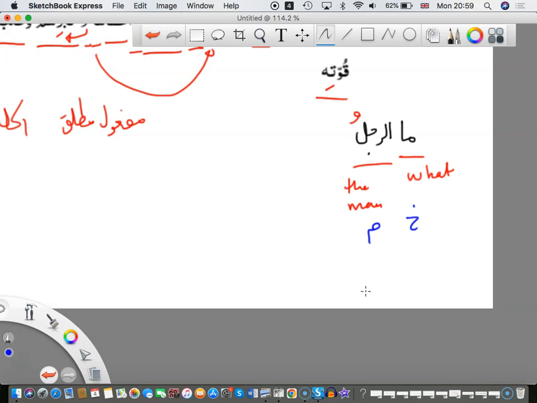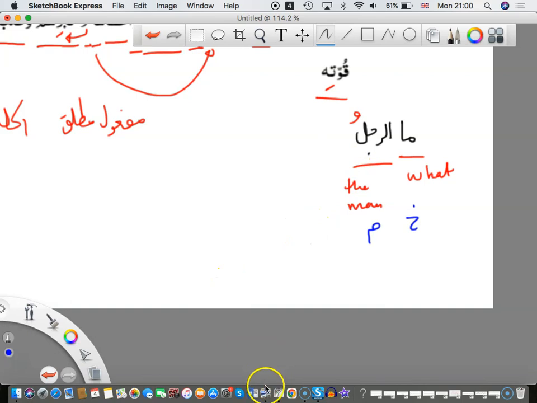If the word after ma is a ma'rifah, then the ma is the khabar, and the ma'rifah is the mubtada.